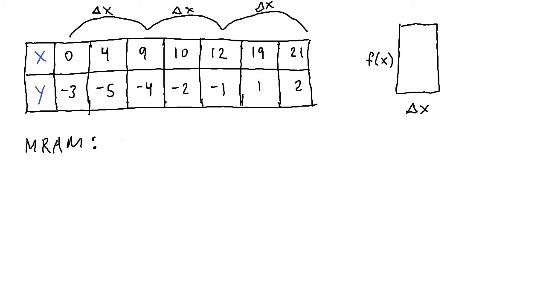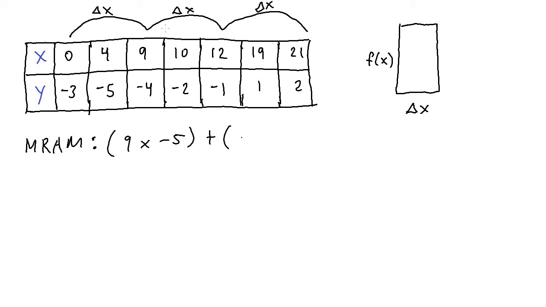For this one, we take the first delta x, which is from 0 to 9, so delta x is going to be 9, times our midpoint y value. This is the midpoint between those two sections, so our midpoint y value is negative 5.